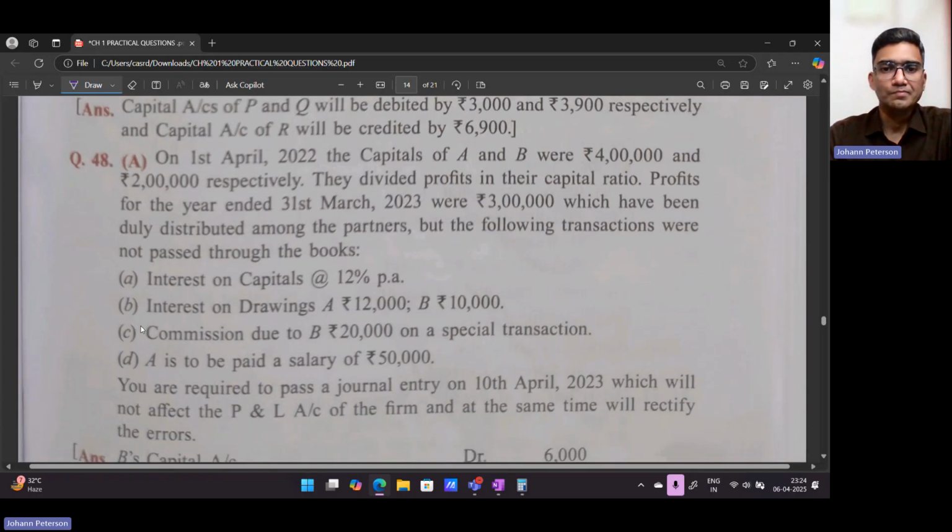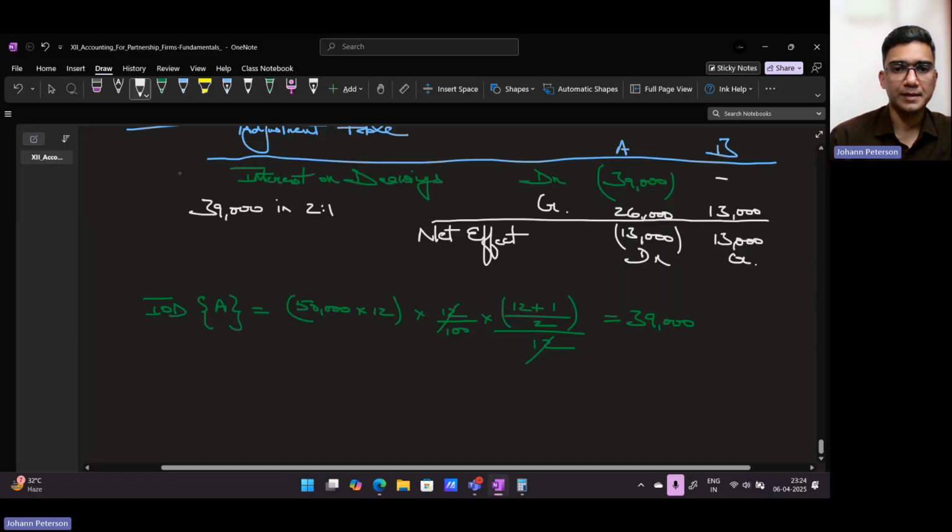All right. It's asking us to pass a rectifying entry, a single journal entry on the 10th of the next month, in the next year, in fact. So solution 48A.